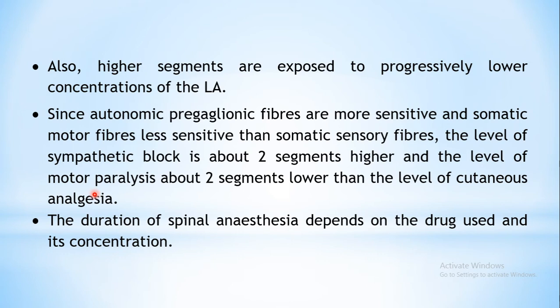Analgesia meaning abolition of painful sensory neurons. So sensory perception like pain is affected more as compared to the motor paralysis which is produced. Also the sympathetic blockage is of a greater degree which is produced by a local anesthetic.